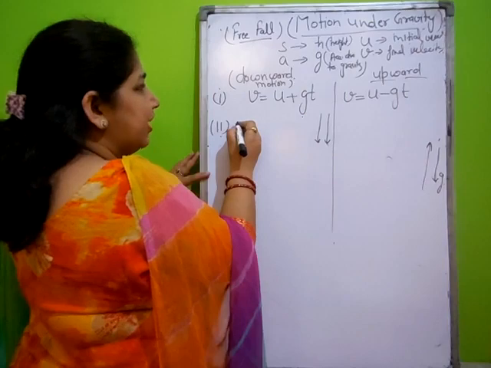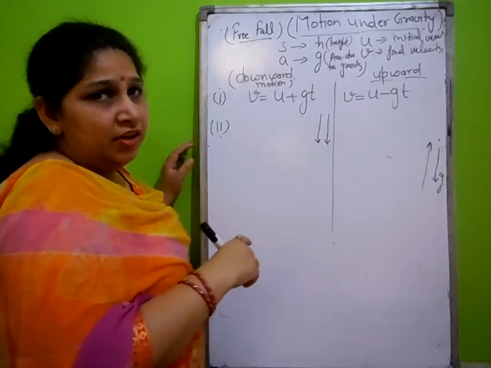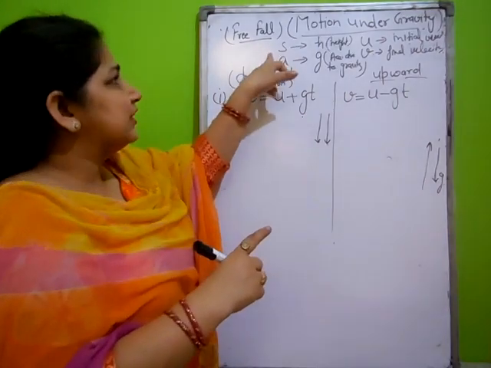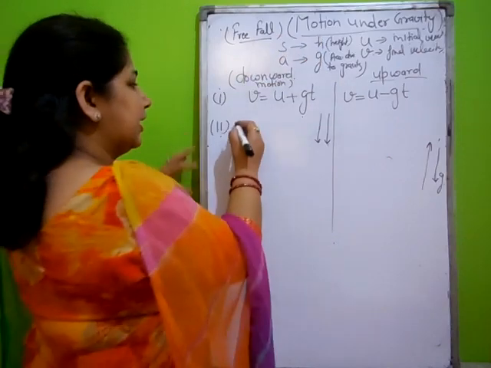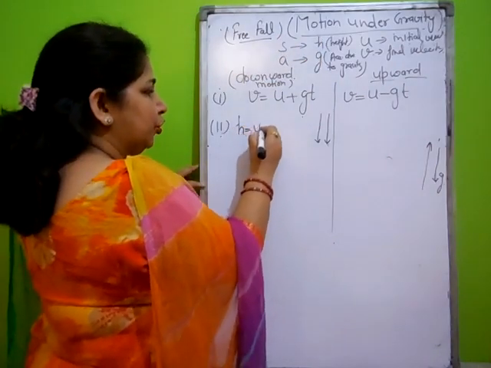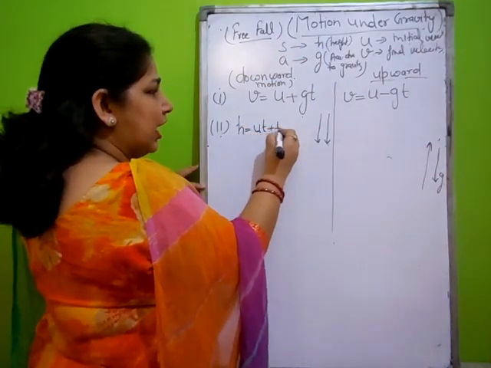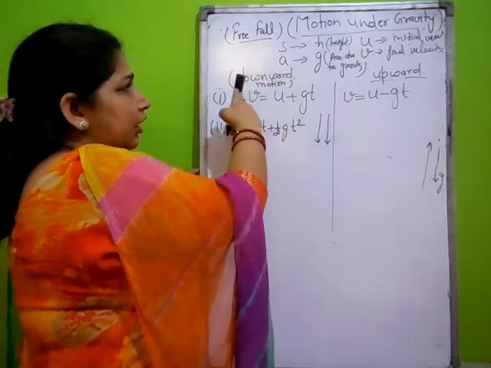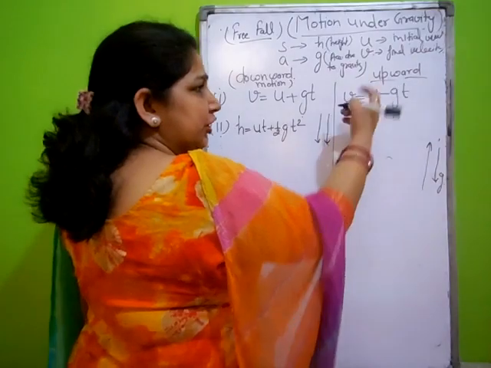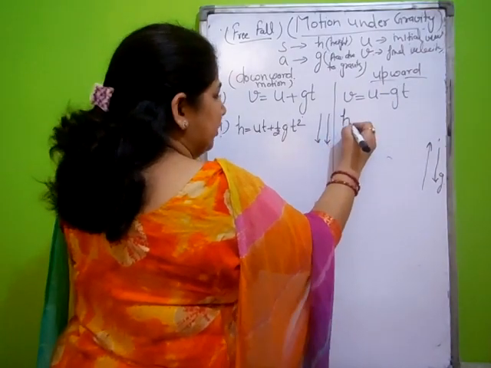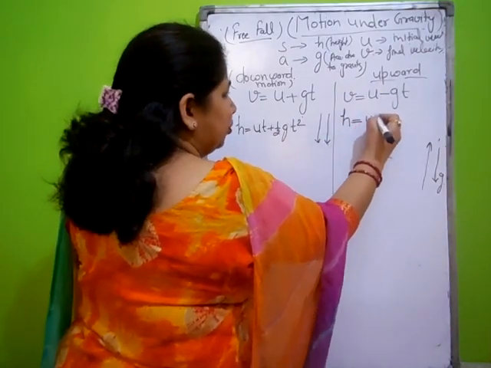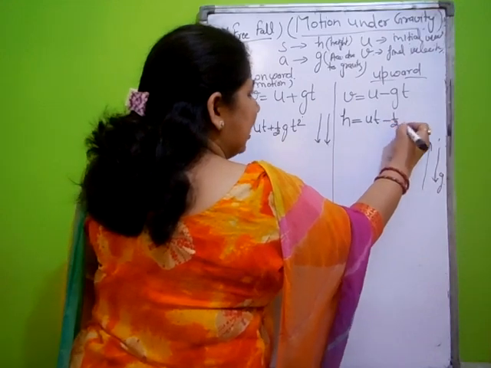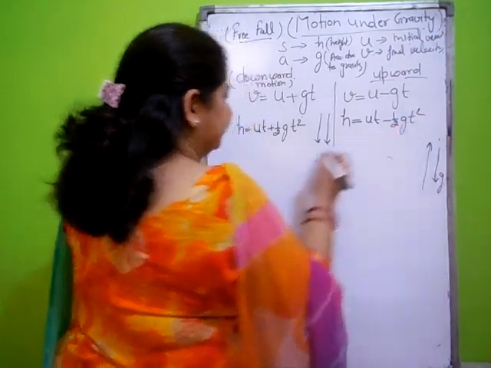Next equation: S is equal to UT plus half GT square. Here S is represented by H, so H is equal to UT plus half GT square. Got it? This is for downward motion. If the motion is upward, then H is equal to UT minus half GT square.